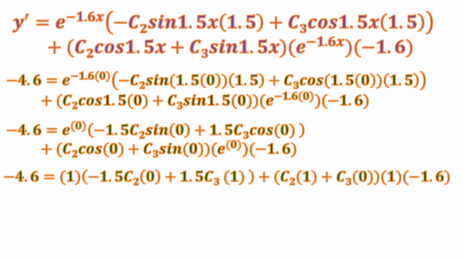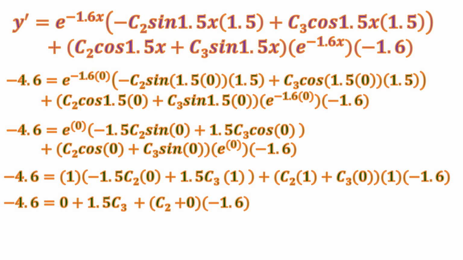Then let's continue. We have e raised to the 0 becomes 1, and every sine of 0 is 0, and also every cosine of 0 is 1. And then negative 1.5 c sub 2 times 0 will be gone because it's times 0. The same as the c sub 3 times 0, because it is multiplied by 0, it becomes 0.